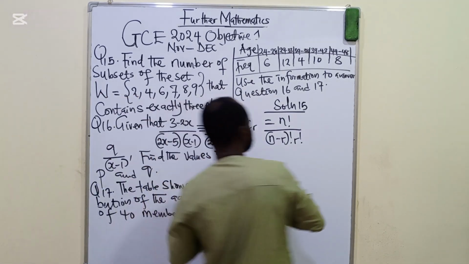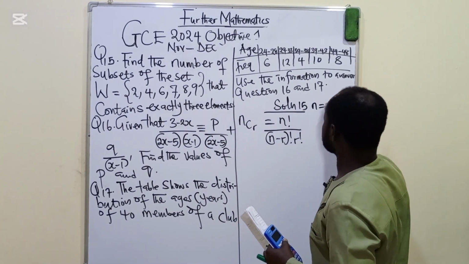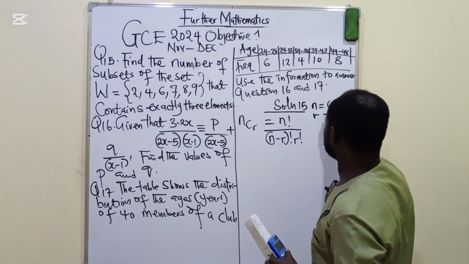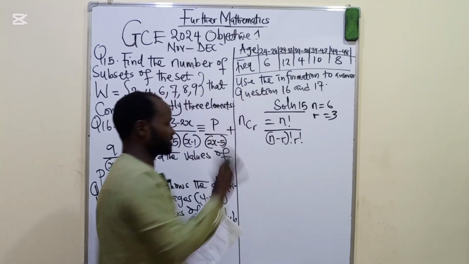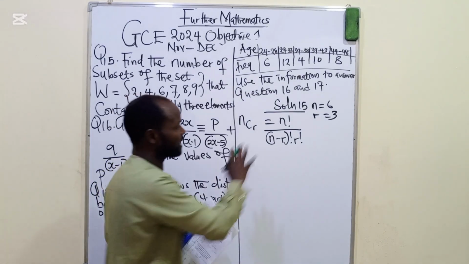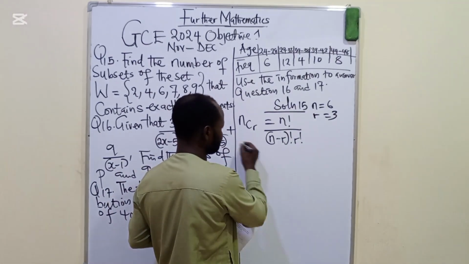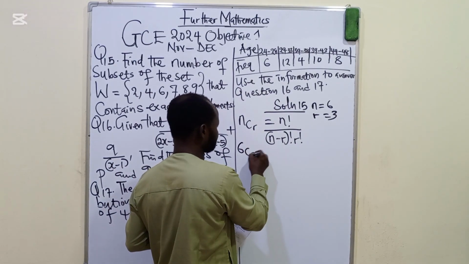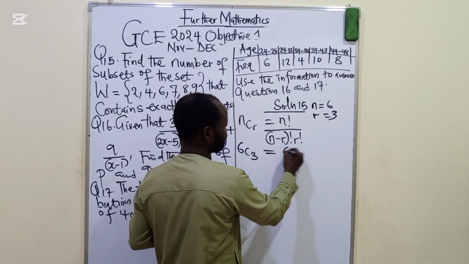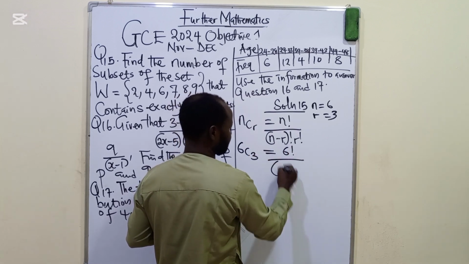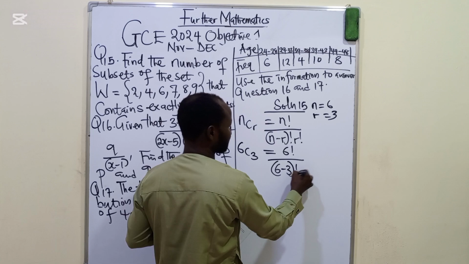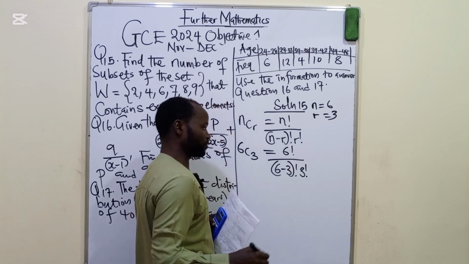So our n is 6, and our r is 3, because we are picking exactly 3 elements. So let's substitute. 6 combination 3 will be equal to 6 factorial divided by 6 minus 3 all factorial, times 3 factorial.